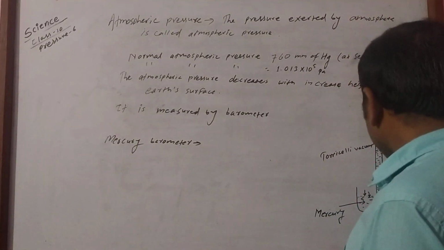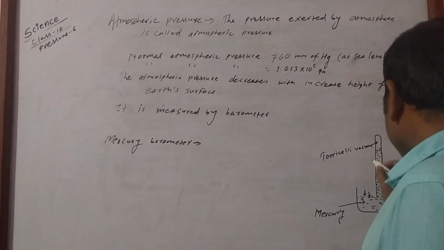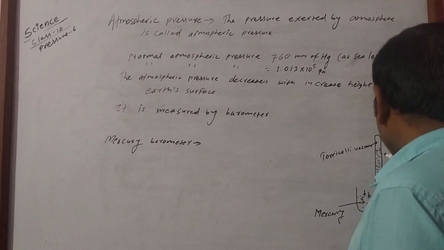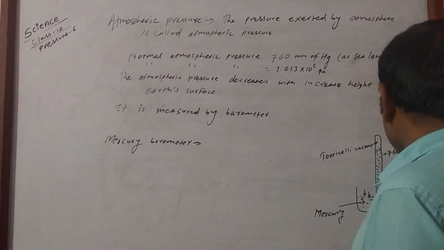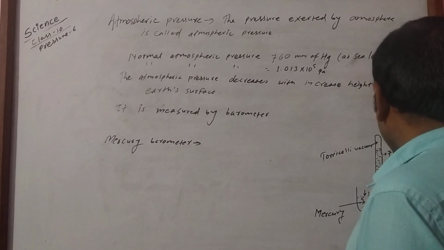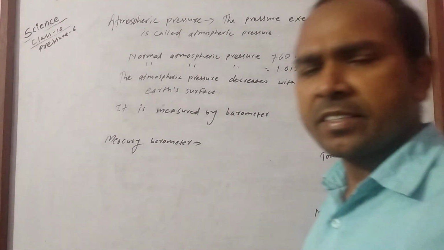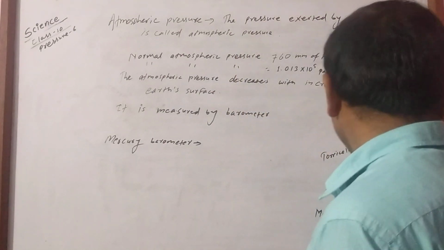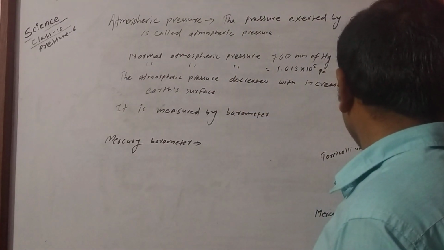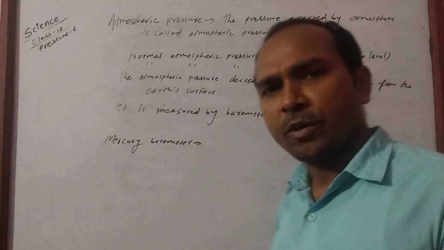At sea level this column is 760 mm high in the glass tube of the mercury barometer.